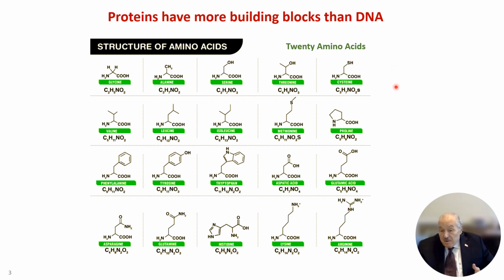In DNA you have 4, maybe 5 building blocks, depending on how you count them. So all the diversity is in the sequence. In proteins, the structure is not only a result of sequence, but also a result of the side chains of the amino acids. So you can see the side chains here. They all have a carboxyl group and amino group for hooking to one another and different side chains.